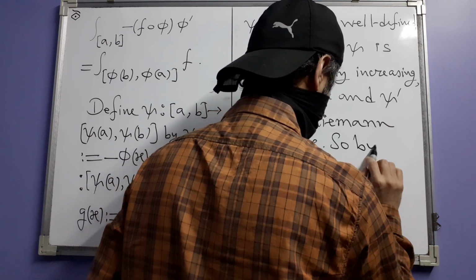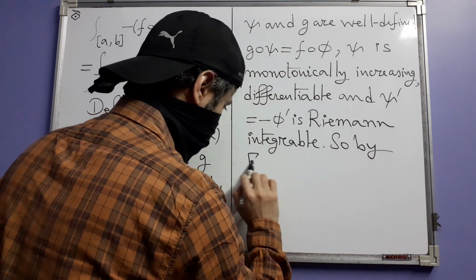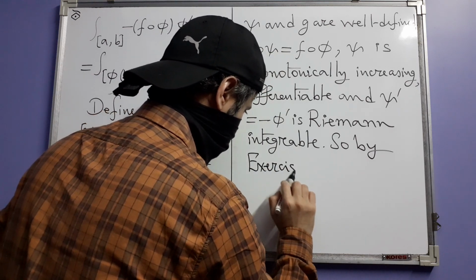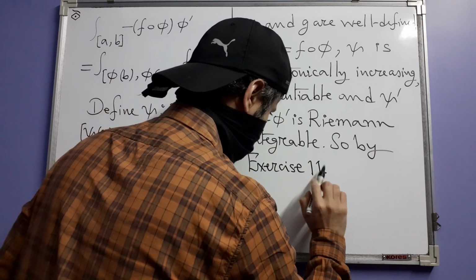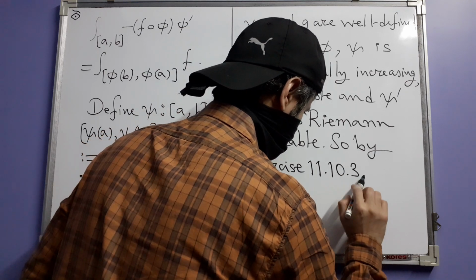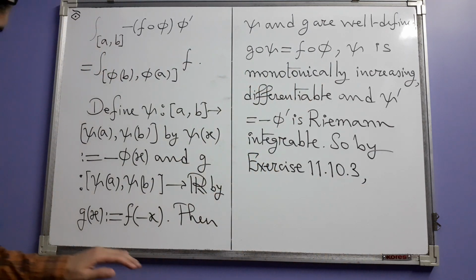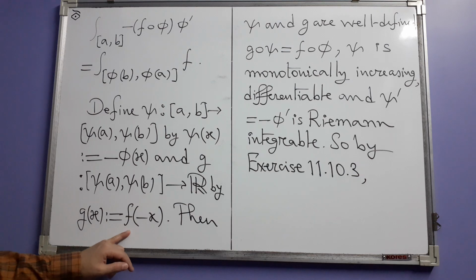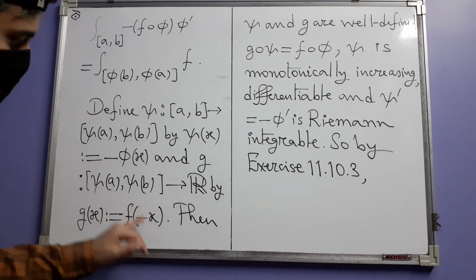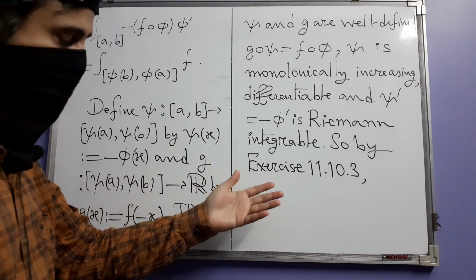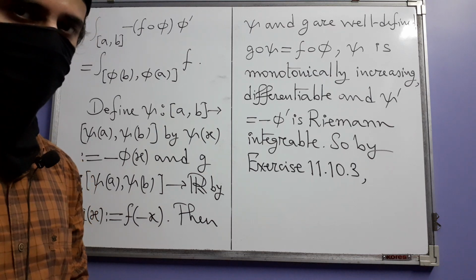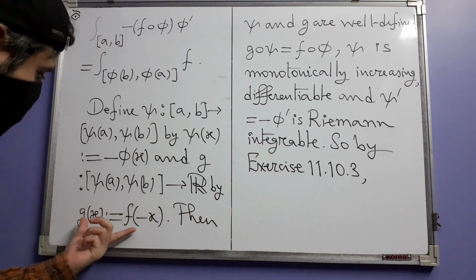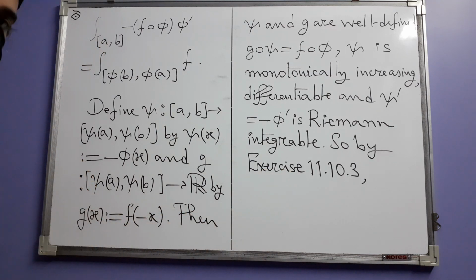So by exercise 11.10.3, you will see that the way we have defined g, that actually is whatever we have in this exercise. It's from this exercise that I got this idea of defining g like this.